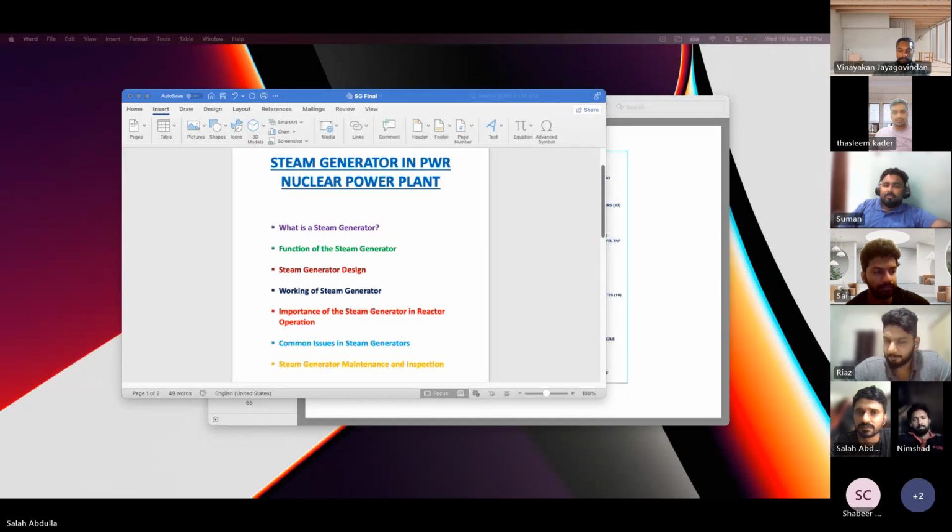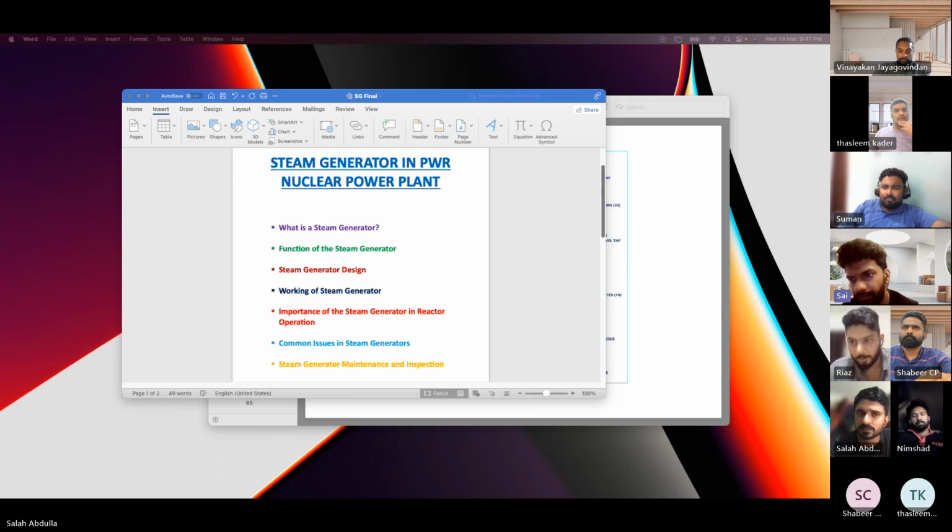Okay, but my question is, while we are starting the plant, how is it obtained? On the operation side, what you have said is okay. There will be a preheater and a reheater, already generating heat, so it can maintain that heat.